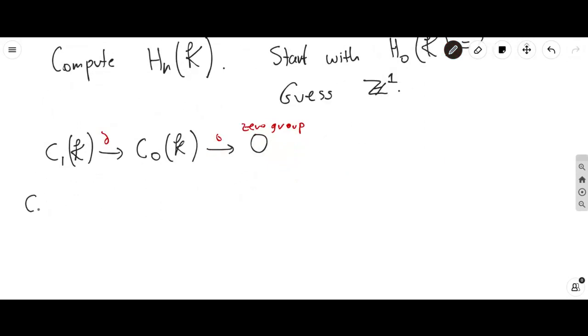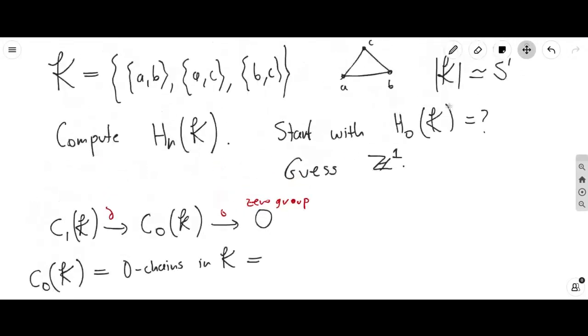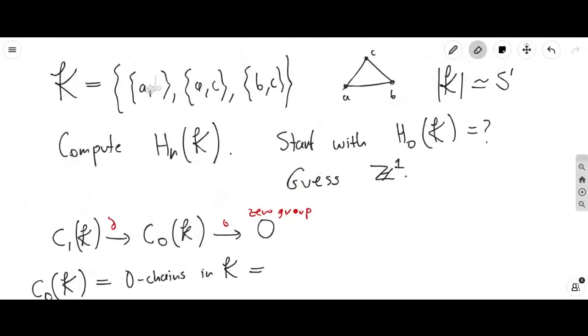Now, C0 of K: these are going to be zero chains in K. And what is a zero chain? A zero chain is just a point. So these are the singleton sets that make this up.